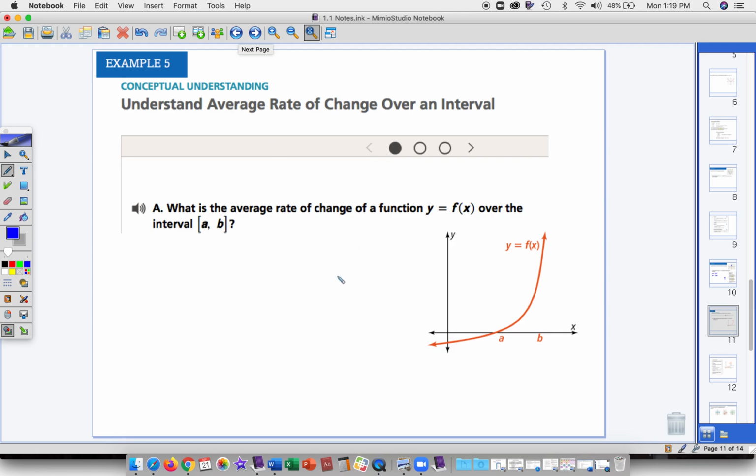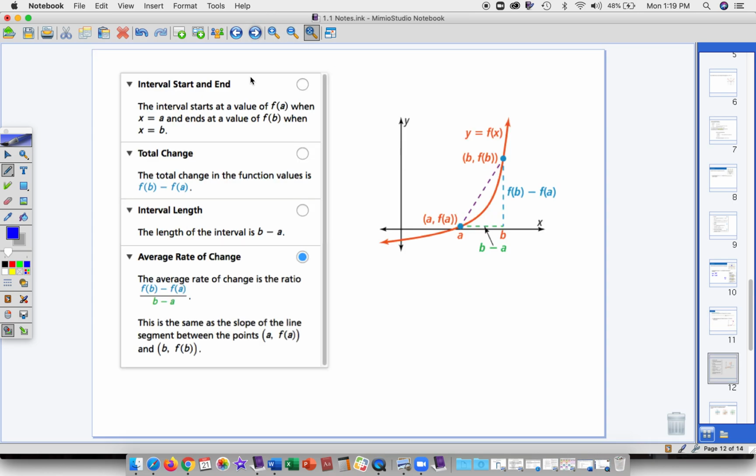Average rate of change. What is the average rate of change of a function y equal to f of x, that's this function here, over the interval from a to b? So a and b are x values. On the next page, here we go. Here are the points where x is a and where x is b. Now the y value is labeled in function notation.